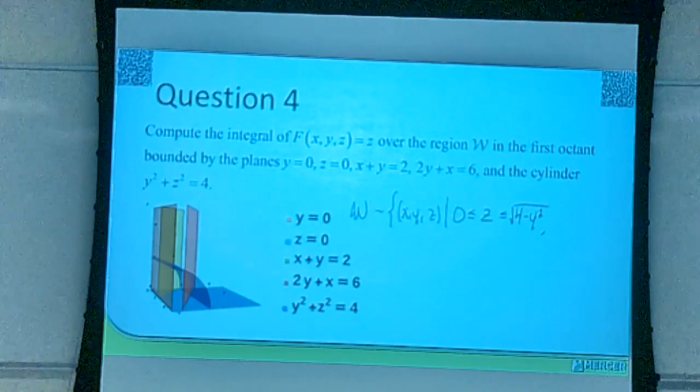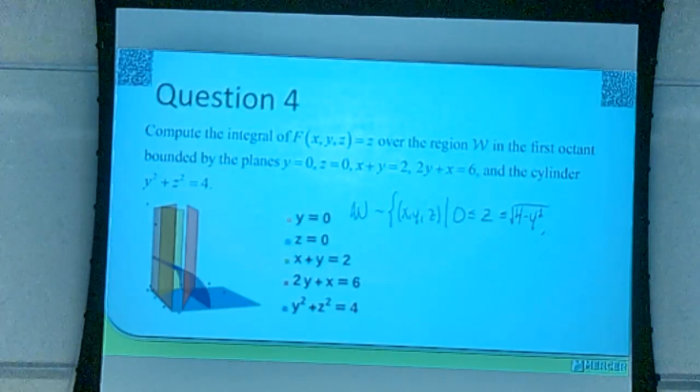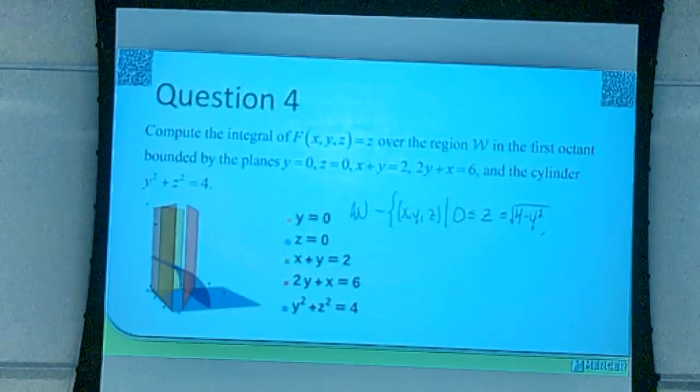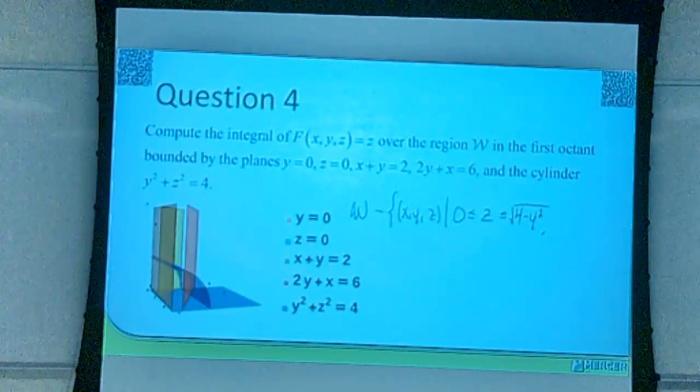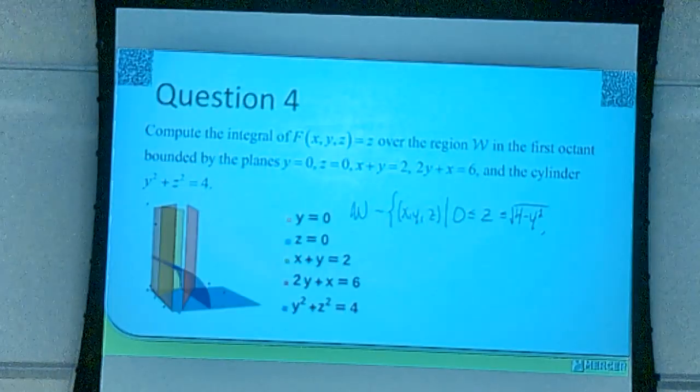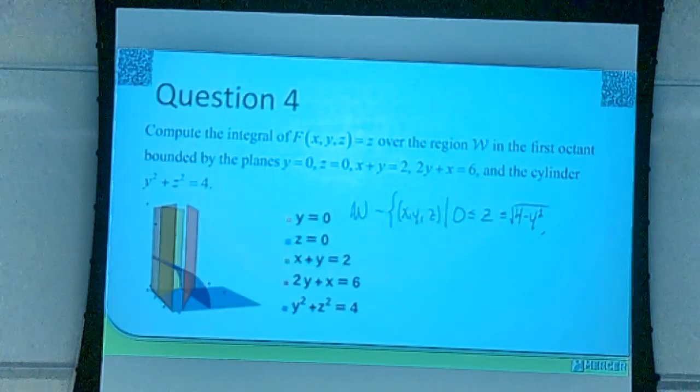Now we have to choose, do we want X next or Y next for the integral? What's our middle component going to be? Our inner is Z, right? So do you want to do dz dx dy or dz dy dx? Probably dz dy.